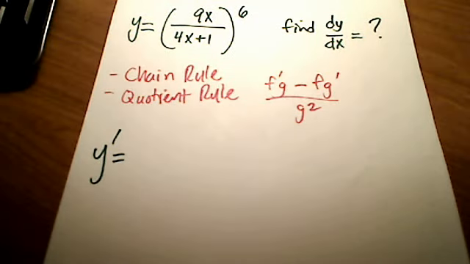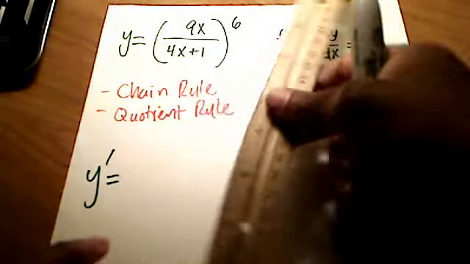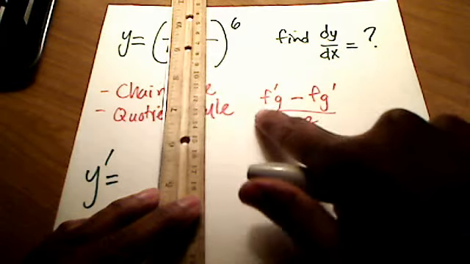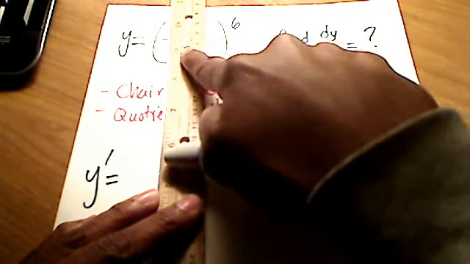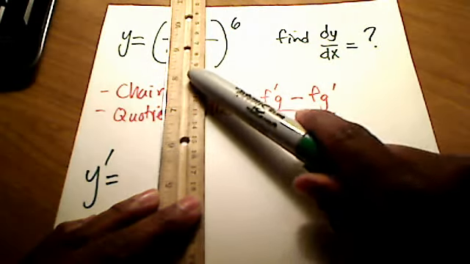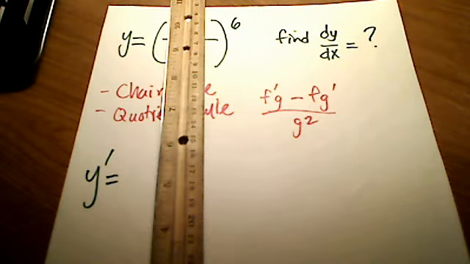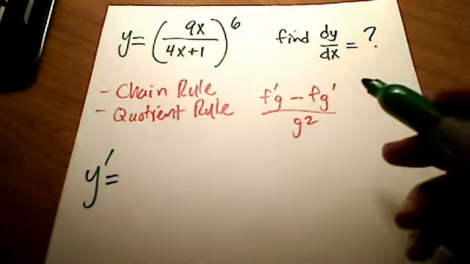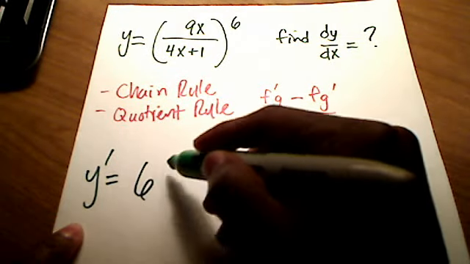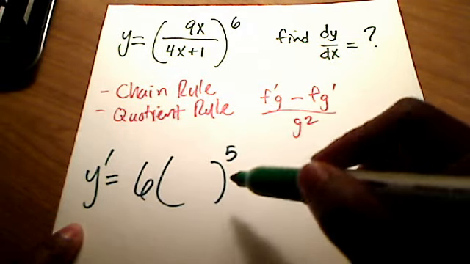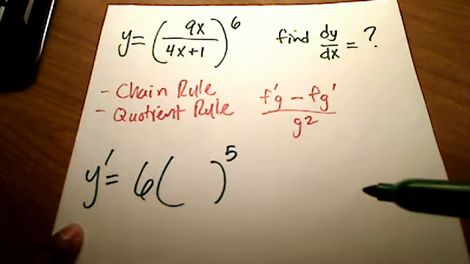First off, if I cover up my quantity inside the parentheses and just say I've got some stuff raised to the 6th power, I hope you see the derivative of stuff raised to the 6th power is 6 of that same stuff raised to the 5th power.